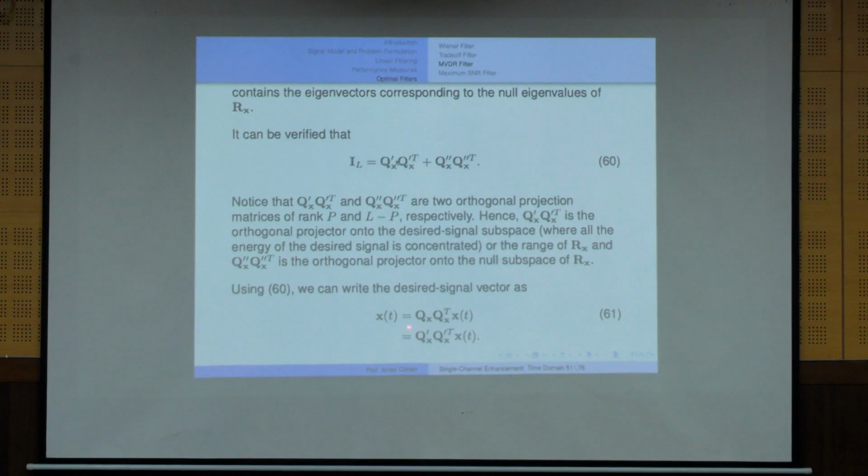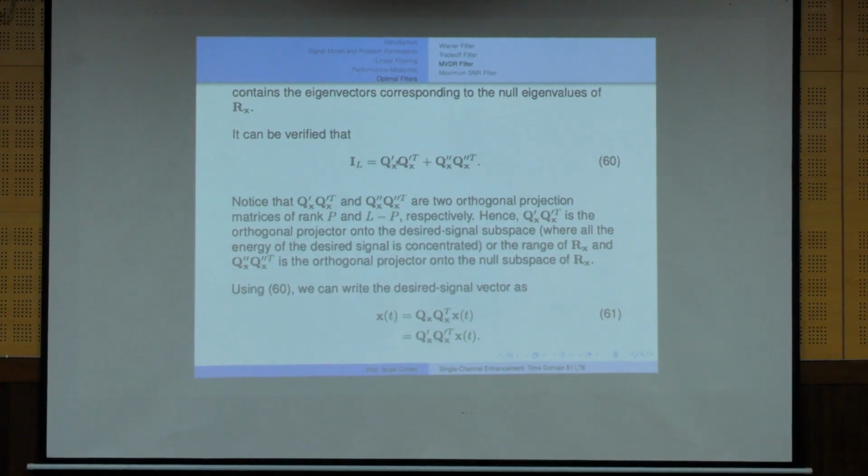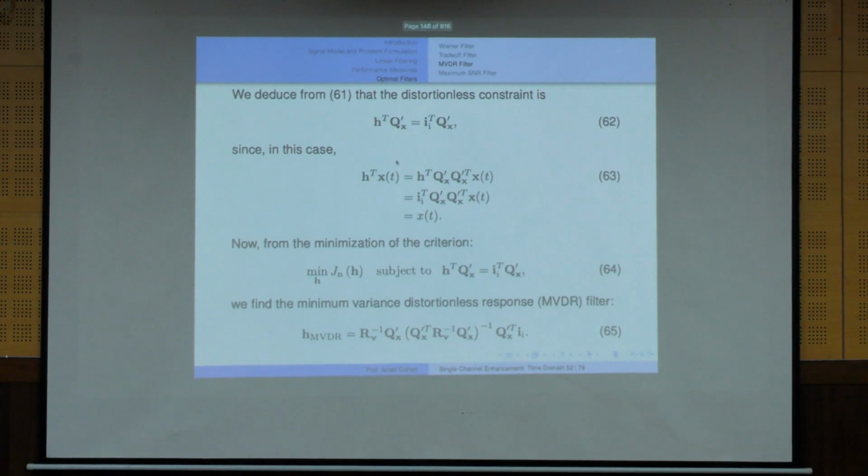So actually, we can write any vector X of length L using, instead of the full representation of the signal, only the first P eigenvectors. It's the same, because outside that we don't have any signal. Okay.